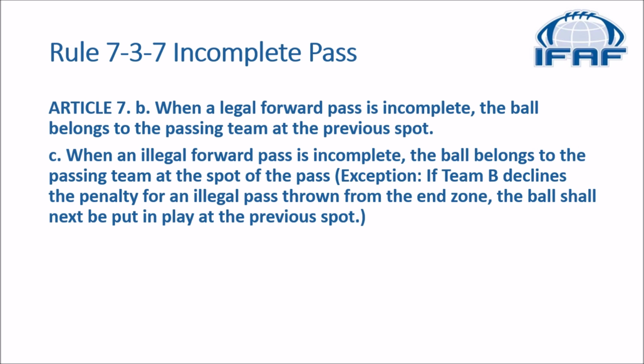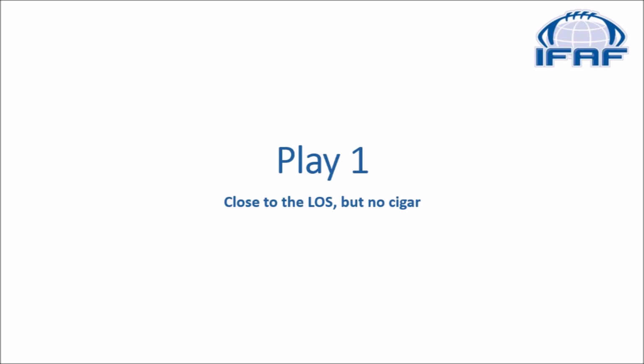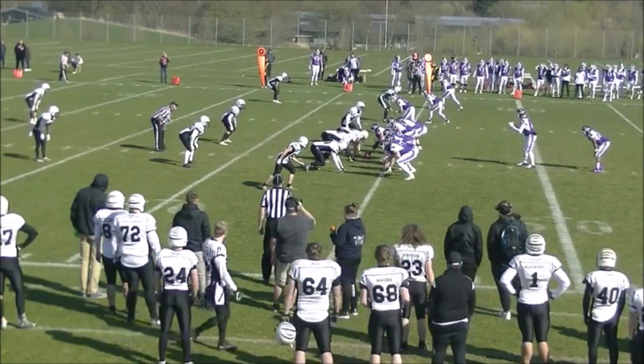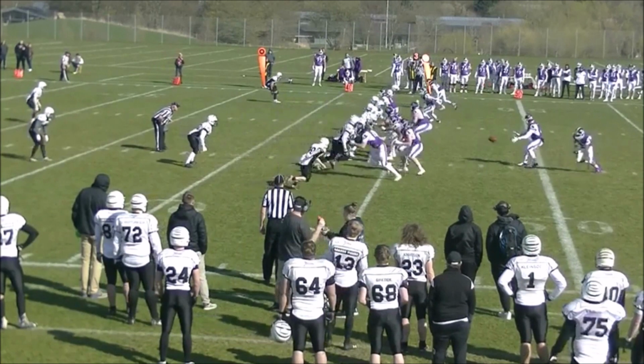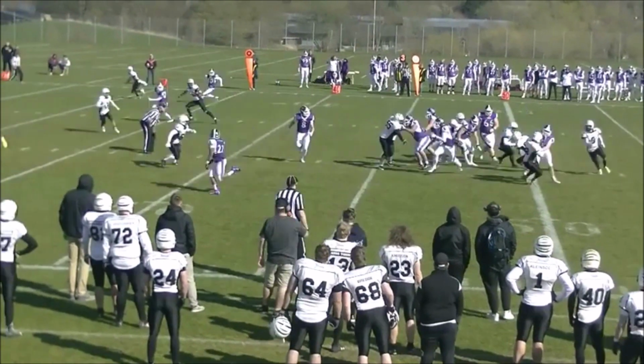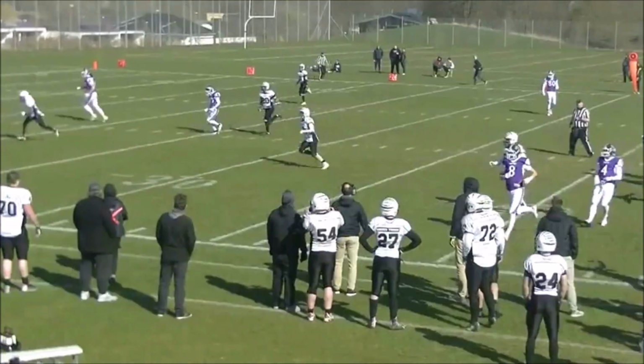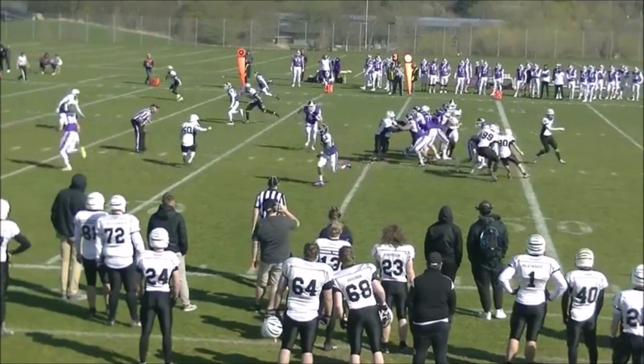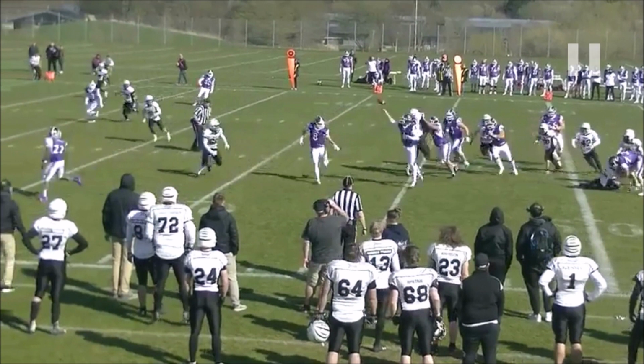Now let's have a look at some game film. On this first example, the line of scrimmage is the +1, so that is our reference in terms of this potentially illegal pass. We notice the quarterback is very close, but right here is where the reference is, right when he releases the ball, and he is about a yard short.